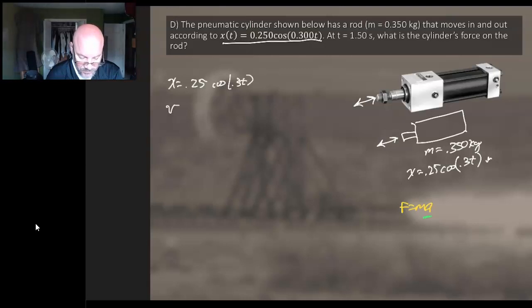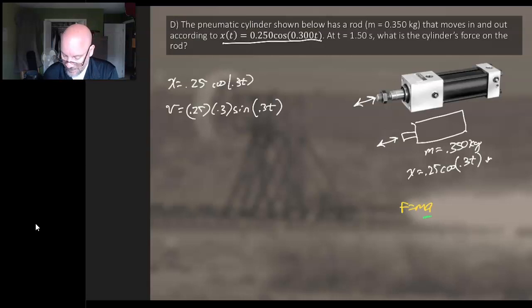Then let's start taking derivatives. The first derivative gets us 0.25 times 0.3, and the derivative of cosine is sine 0.3t. Remember, when we take the derivative of the cosine, the chain rule says that term comes out front, and that's where this term comes from.